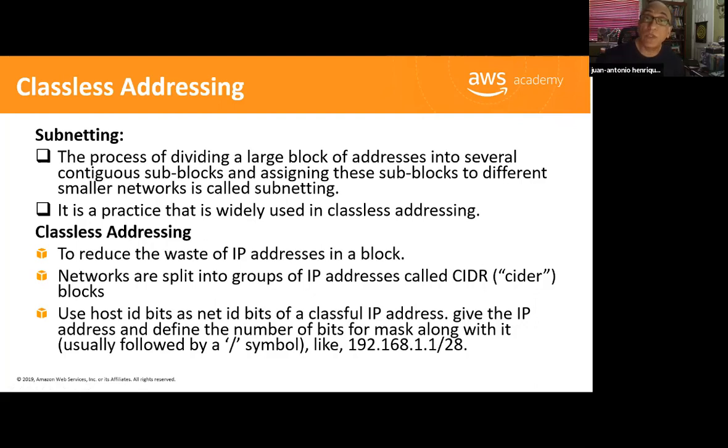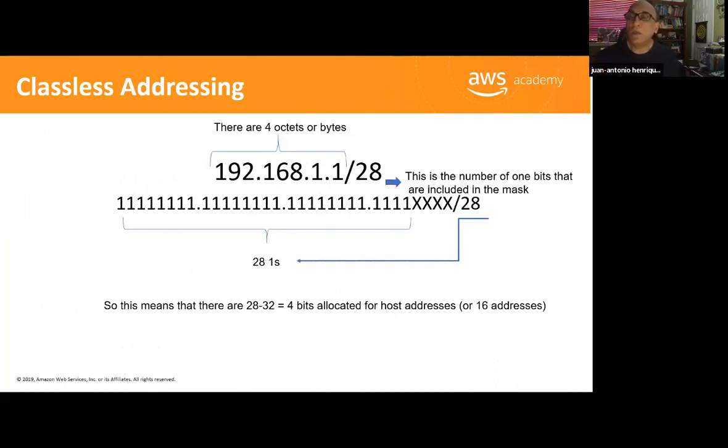Okay, the actual notation. So you see this number here, right? 192.168.1.1. That's the IP address, and I know it's an IPv4 address because it's using 32 bits, and it has that /28, right? So the /28 is the number of 1 bits that are included in the mask, and you see that next, right? There are 28 ones for the mask.